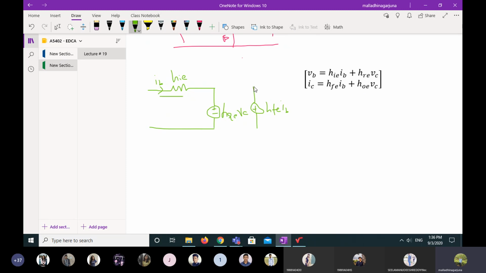and the next one is one more parameter. Okay, so this is HOE. Okay, so the total circuit is this, and the current is IC here, and the voltage drop is VC here.